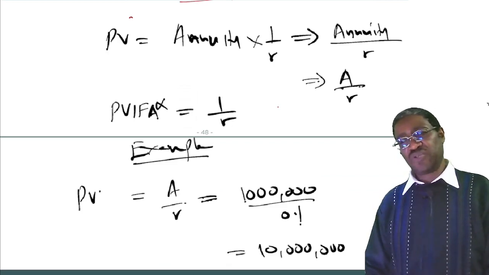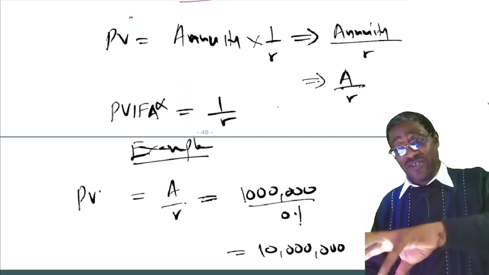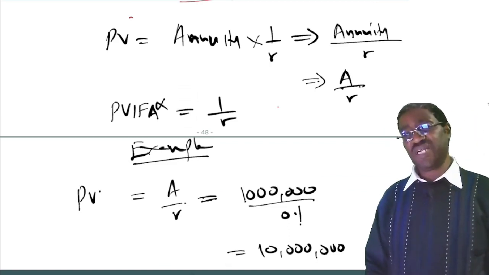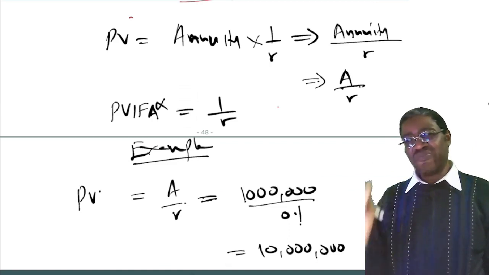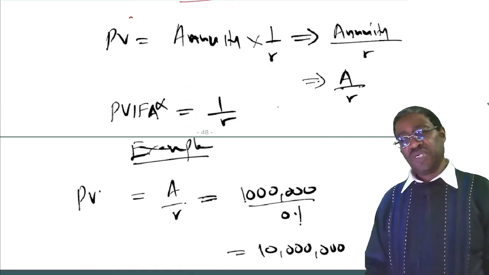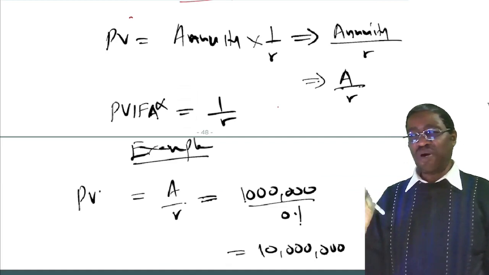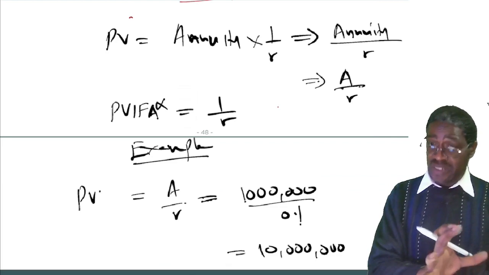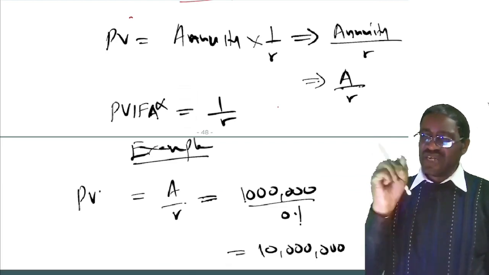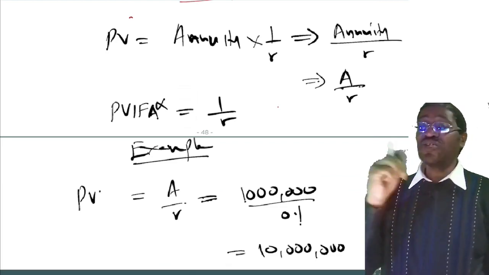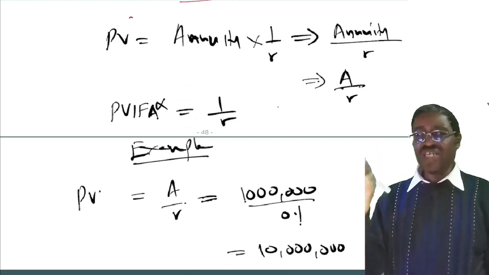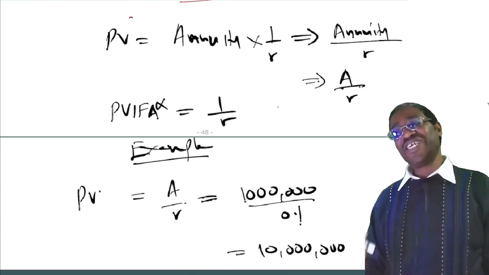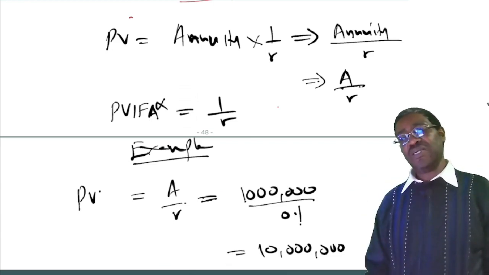Get the point there? So that when you multiply now by the annuity, you get the present value. To get the present value interest factor, the way I was taking 1 plus R to the power of n, that was the factor. Then you multiplied by the annuity, whatever it is. Now we are saying, get the present value interest factor of annuity into perpetuity. It is 1 divided by R. That is the factor. Good.